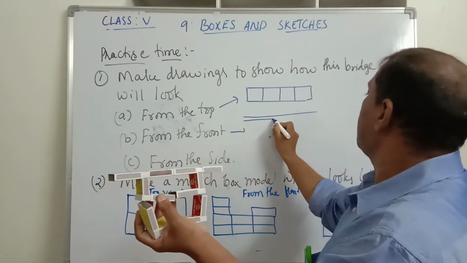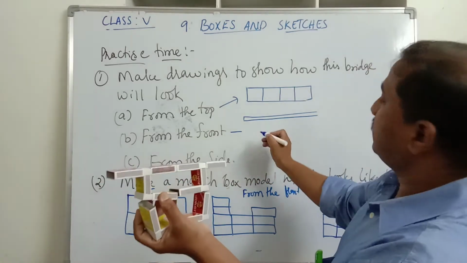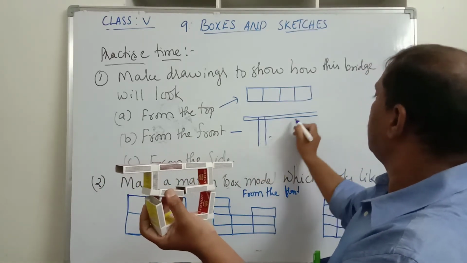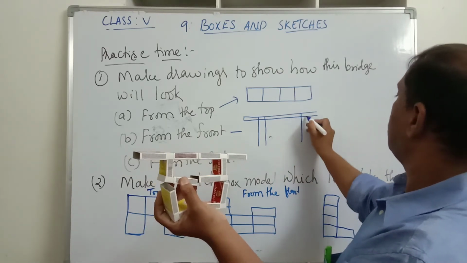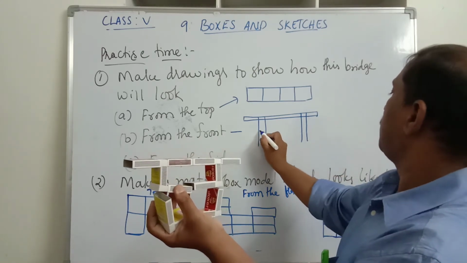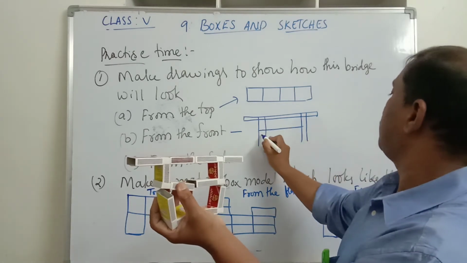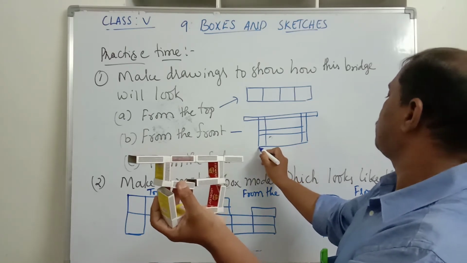It is also a rectangle but we have to draw a smaller line. Then here we have the 3 bridges. 2 pillars are there. Draw these 2 pillars, all of the same size. Now here we have again 2 matchboxes, and down also we have 2 matchboxes.